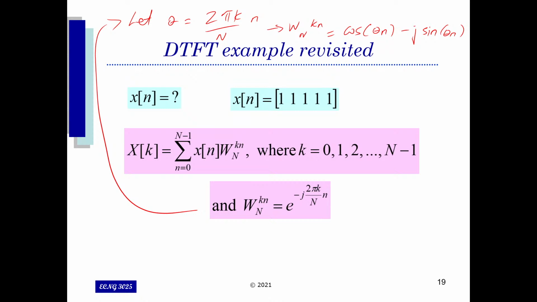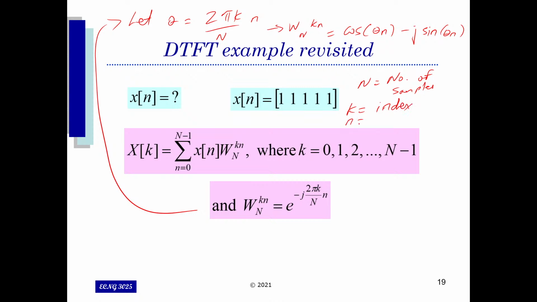Now remember, capital N here was the number of samples. K here was your index.